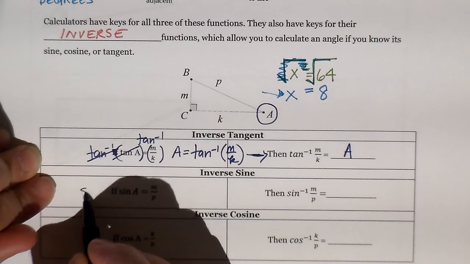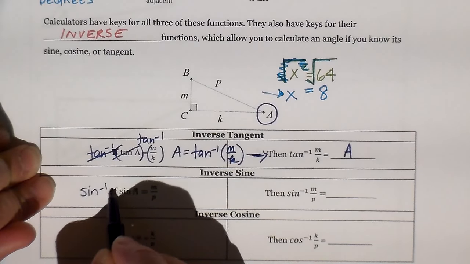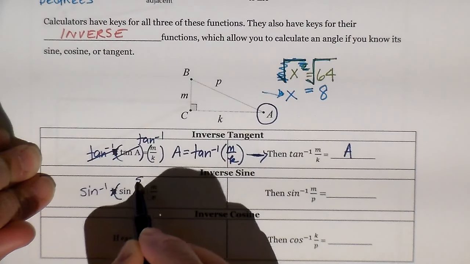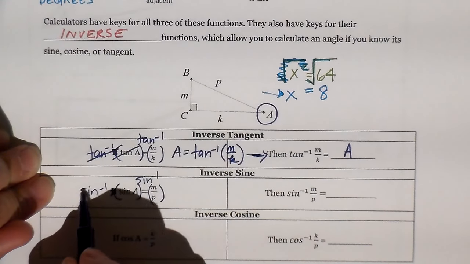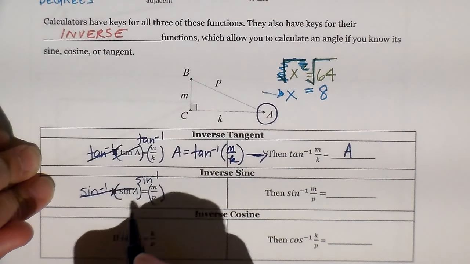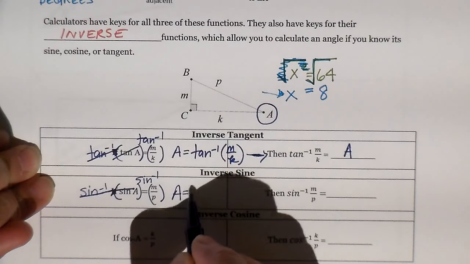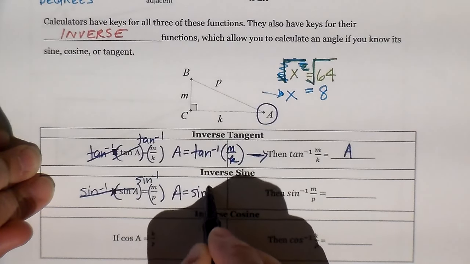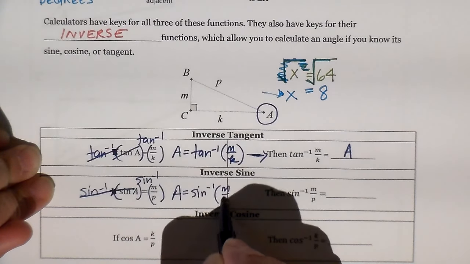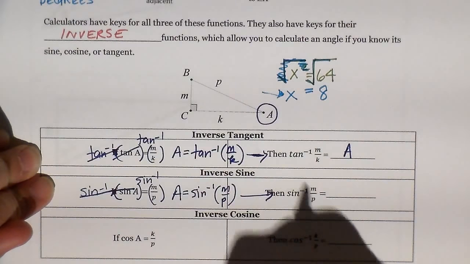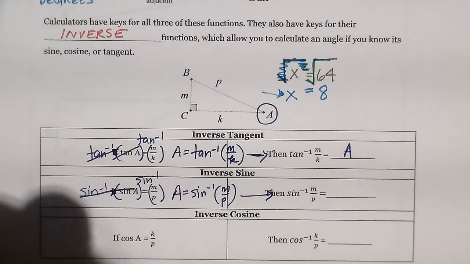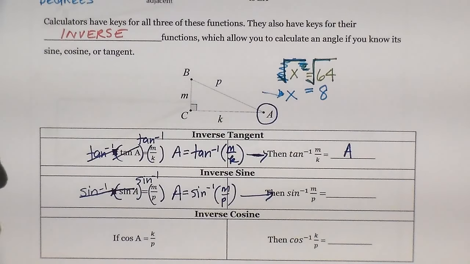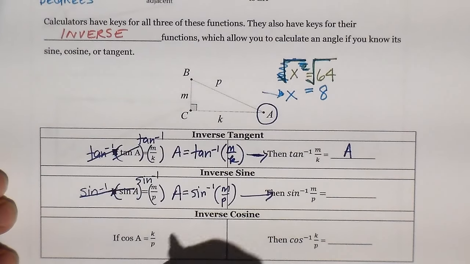If I want to find it, I'm going to inverse both sides of the equation, and the inverses do what? They cancel each other out. So you're left with A equals inverse sine of m over p, which is this. Again, I'm inversing both sides, so you can see it.